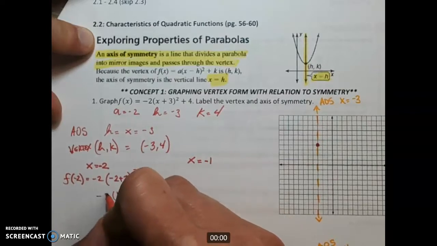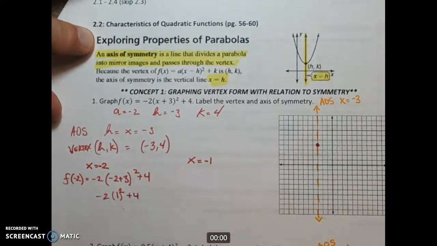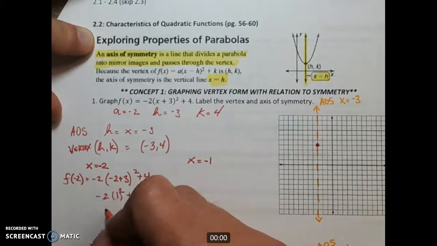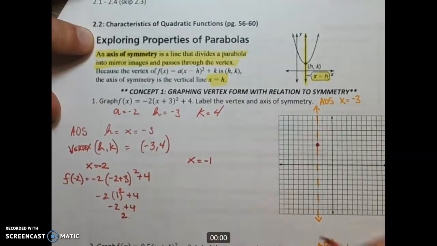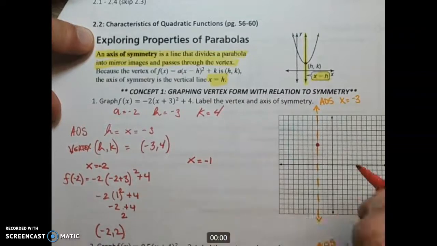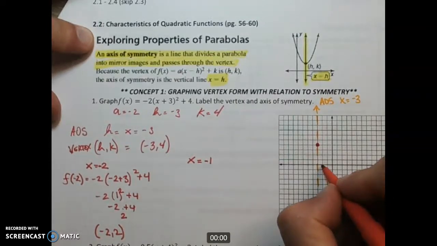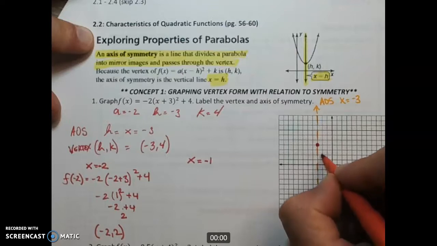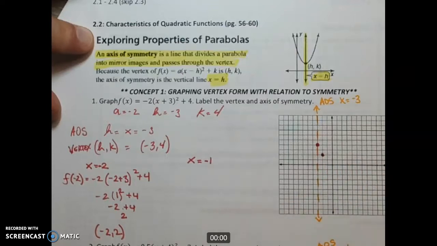It's always going to be 1 squared. That's what makes it easy. I just choose 1 to the right of the axis of symmetry. Now 1 squared is 1 times negative 2 is negative 2 plus 4 is 2. So now I have the point negative 2, 2. So negative 2, 2 to the left, up 1, 2.